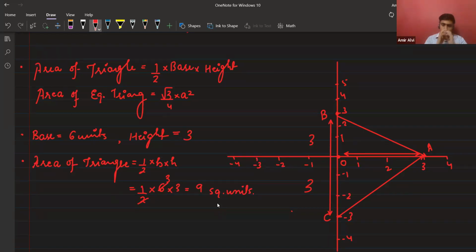Yes. If you have some kind of questions in front of you regarding area of the triangle or area of the figure, will you be able to solve it? Yes, sure.